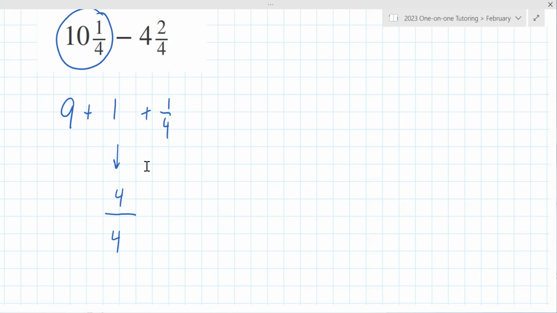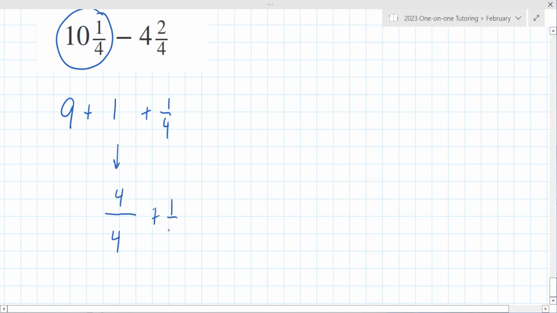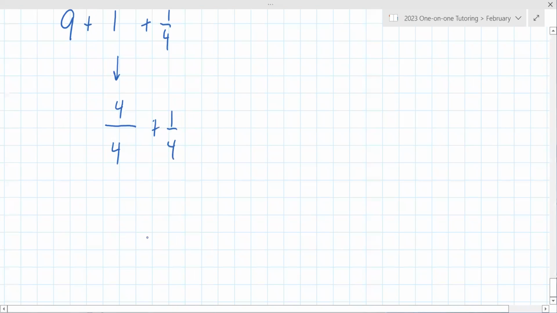Okay. All right, so now you bring the 1/4 down, and I want you to add the fractions together. What do these fractions add up to? 5 over 4. Good. So you bring this 9 down, it's 9 plus 5 over 4.